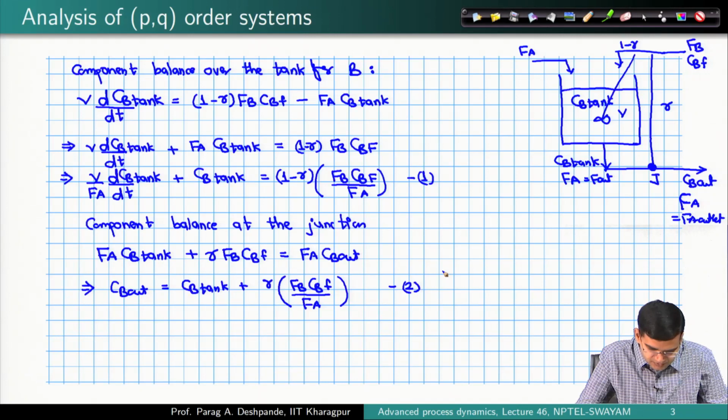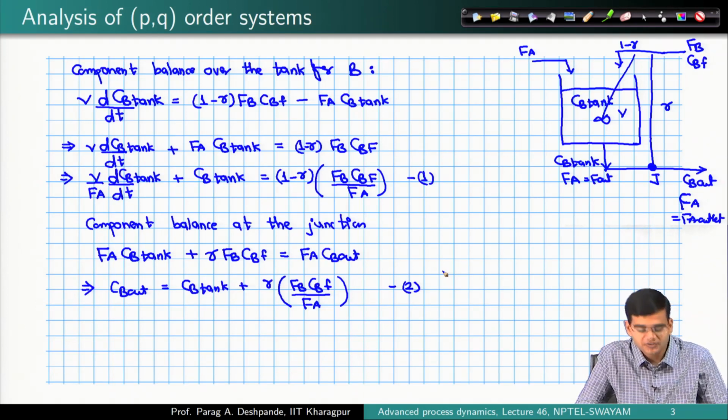Now, let me do one thing. Since I have put the two equations in a standard form, let me try to do a transfer function analysis, and if I do that, I would prefer my system to be in deviation variable form.